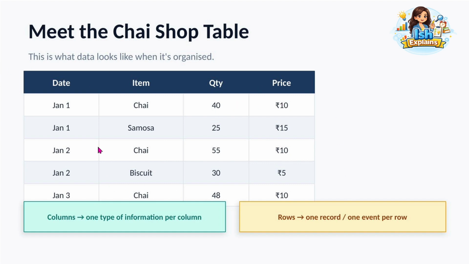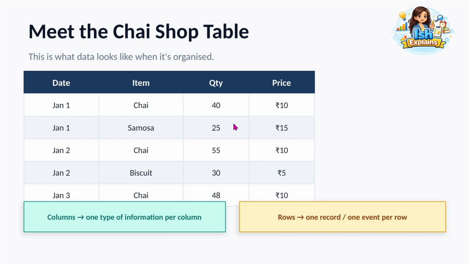So this is your whole table, four columns, and these are rows. Every row is one sale you made. Next, Jan 1st, samosa, 25, 15 rupees each. See how clean this is?